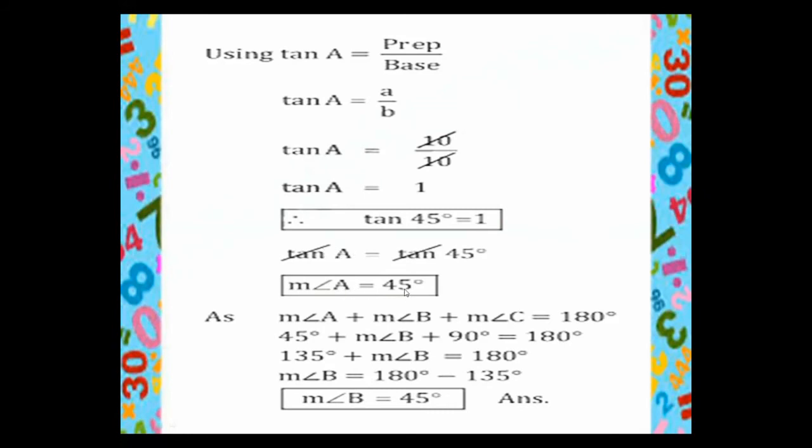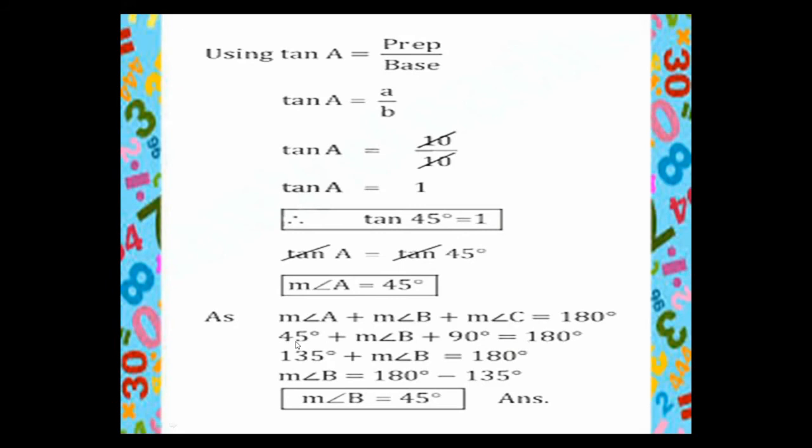So now we know two angles, one is 90, the other is 45. Now by using the fact that the sum of the three angles is equal to 180, we can easily find the third angle. The measure of angle A is 45, the measure of angle B is unknown, the measure of angle C is 90 degrees, and the sum of all three angles is 180 degrees.